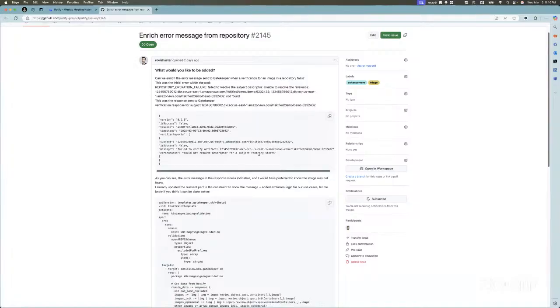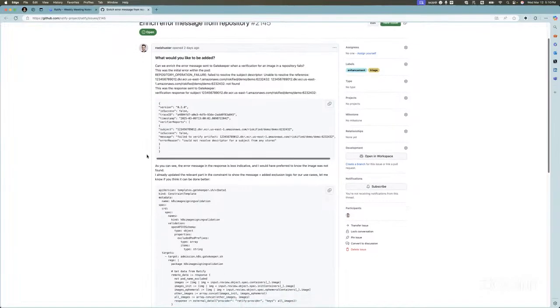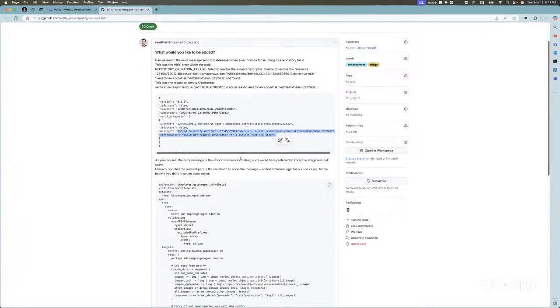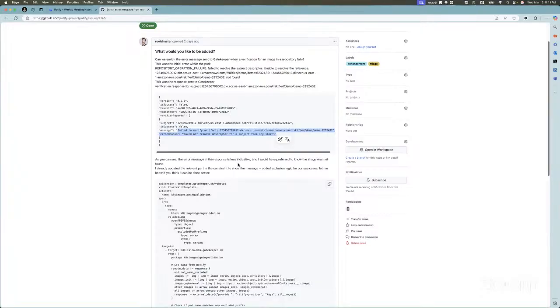Akash, you've already had a chance to review. Curious, is this a general error message improvement feedback, that when the image is not found, we should give a better message? Or is this an integration suggestion about what message is being passed back from Ratify to Gatekeeper?